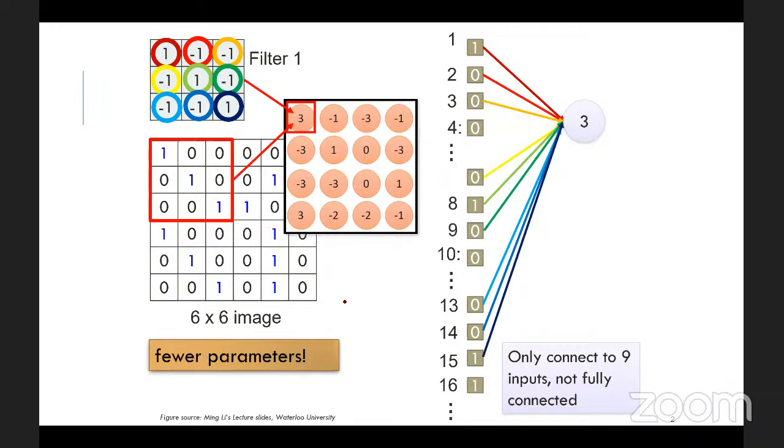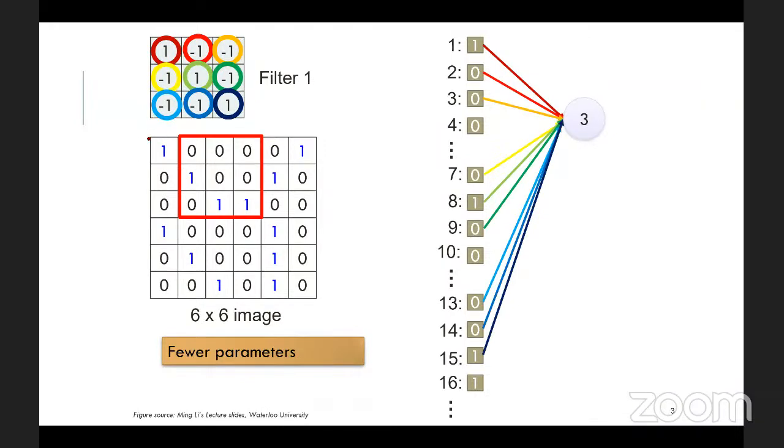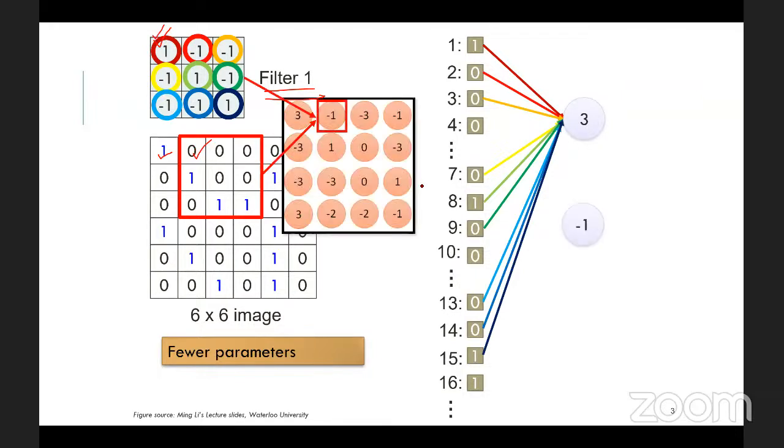Now when you shift your filter, the filter coefficients are not changed. The same 9 coefficients are used, but the position in the image is changed. So earlier this pixel got this weight, now the second position gets this weight, and that is what is represented here.